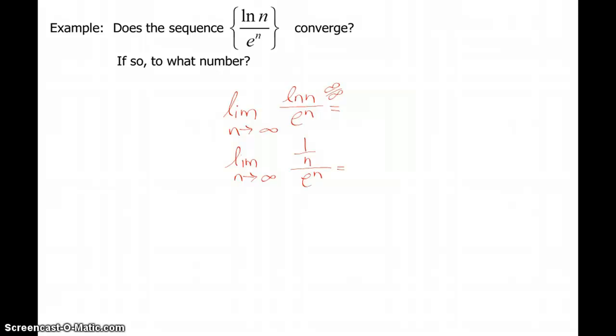So this cleans up to the limit as n approaches infinity of 1 over n times e to the n, that's 0. So this sequence, a sub n equals the natural log of n over e to the n, converges.